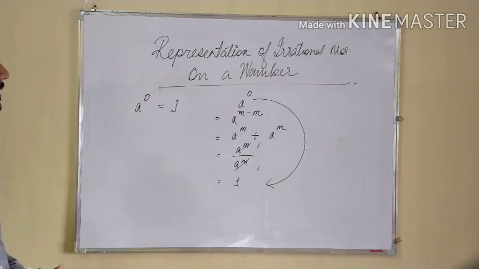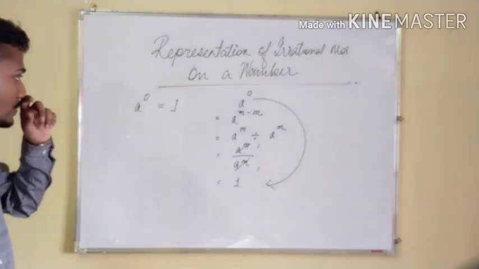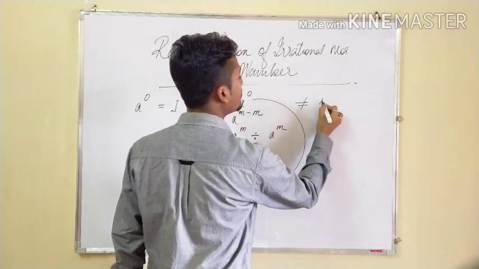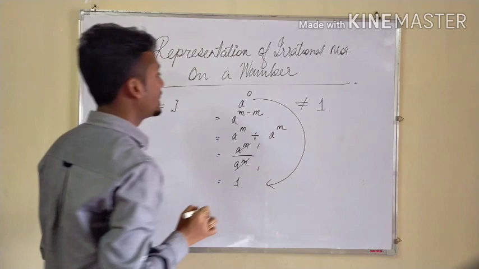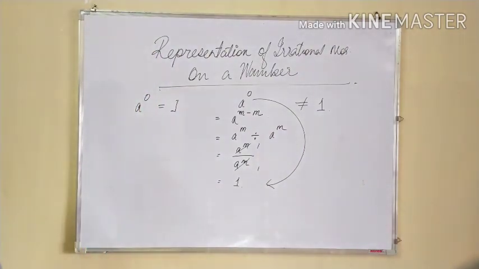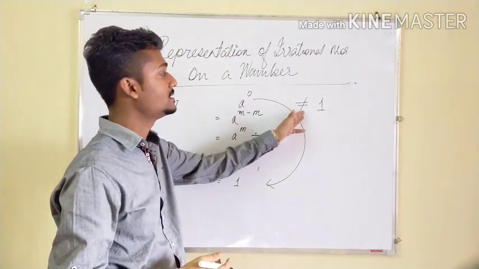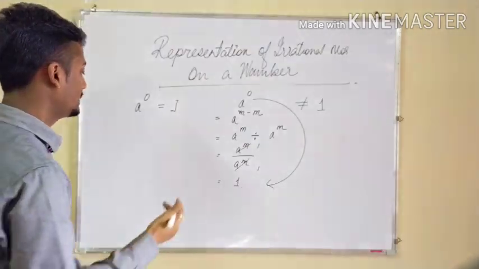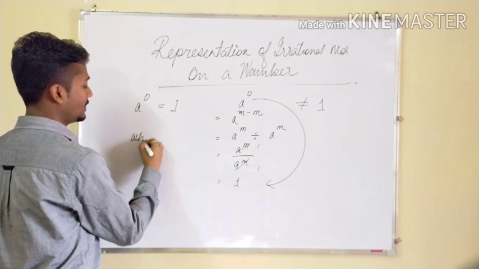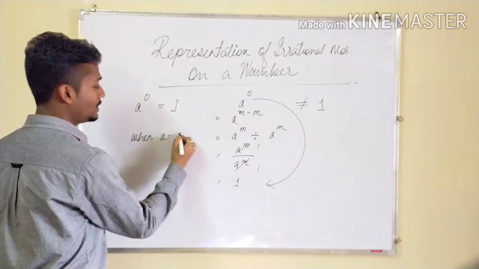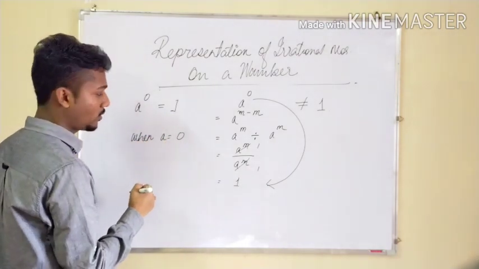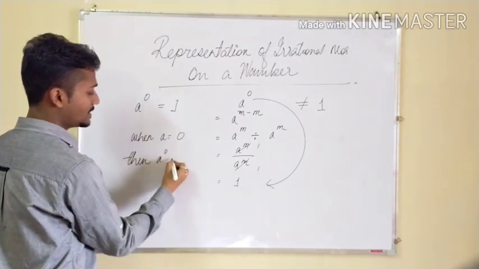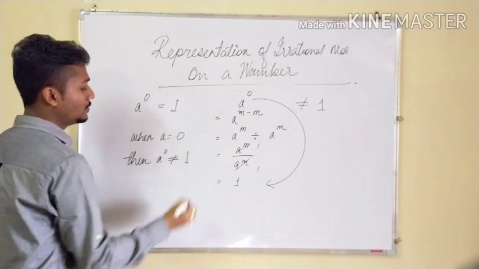Okay. Now there is one such case where a to the power 0 may not be equal to 1. Can you guess how? When a to the power 0 might not be equal to 1. When a is equal to 0, then a to the power 0 is not equal to 1.